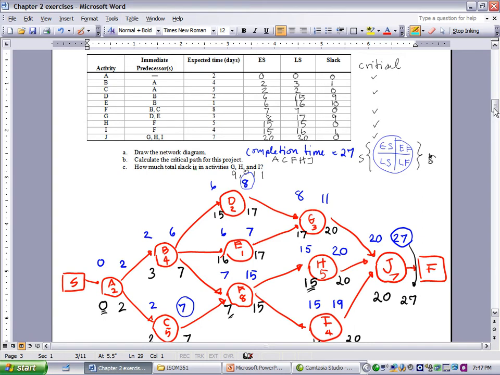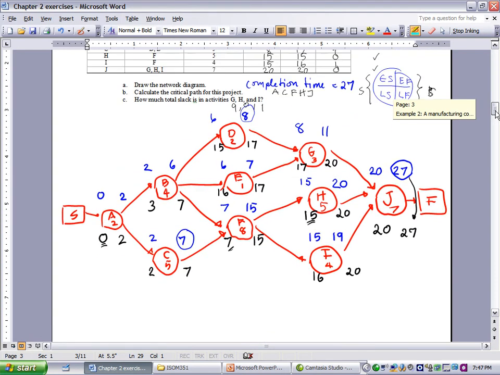So let me highlight the critical path for you. So we have A, C, F, S, J, like that. Okay, so that's how you complete the network diagram.